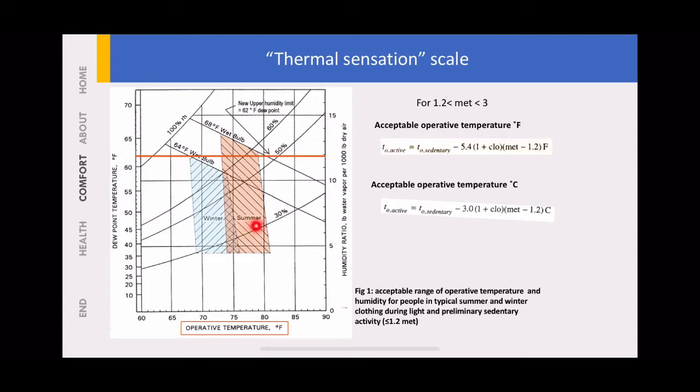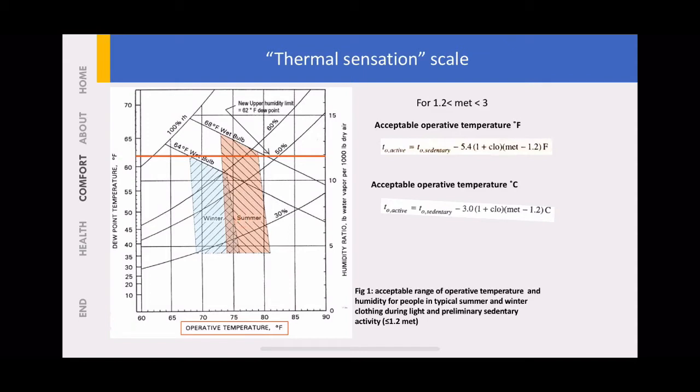For example, if you are in the winter, right, this is your place. Your comfort zone will be somewhere in the middle here. If you are in the summer, your comfort zone will also be in the middle here. So we'll talk about the comfortable zone, either within summer or winter, where you're going to be very comfortable.